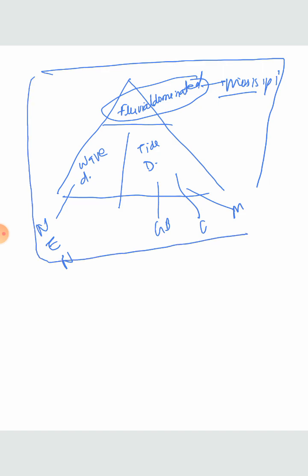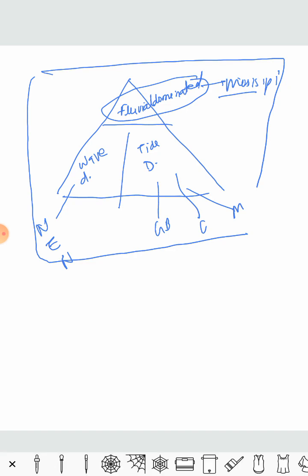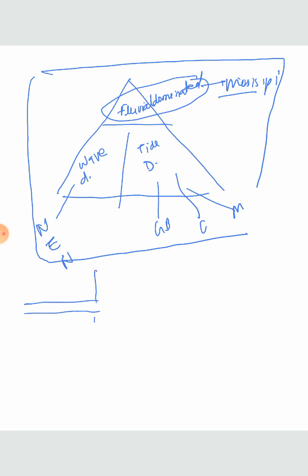Now the second part is the formation model. So how the delta system is formed. Suppose this is the river and this enters the sea here. What will happen is that it will start depositing.